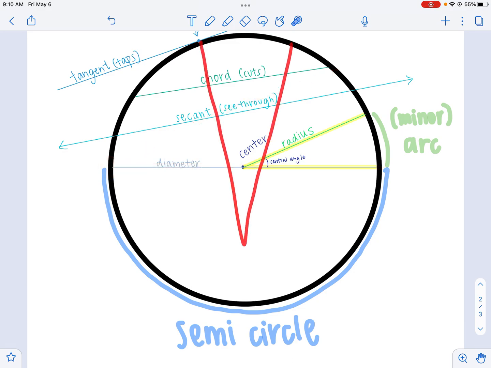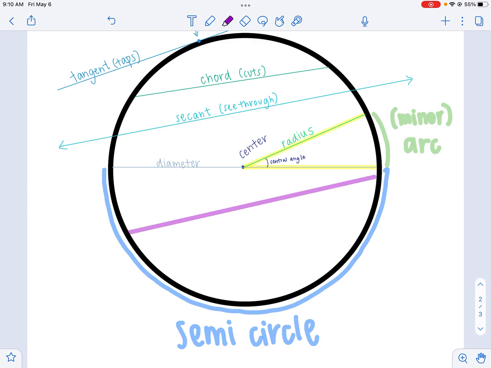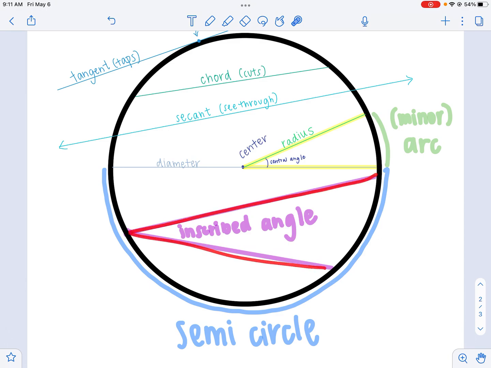This is not an inscribed angle, but this is an inscribed angle because the vertex is on the edge of the circle. So as long as the vertex is on the edge of the circle, that's your inscribed angle. So what we'll really start out with is central angles and minor arcs, major arcs, all of that. And then we'll dive into inscribed angles and some of these new vocabulary words.